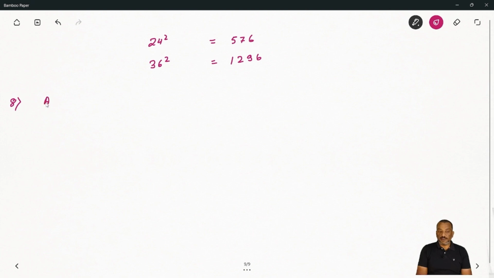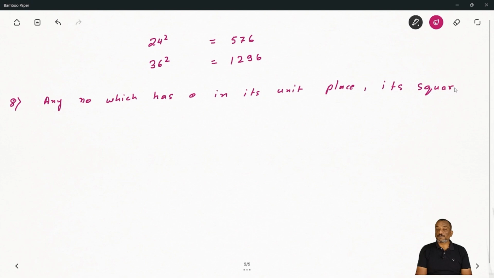It is saying any number which has 0 in its unit place, its square number will have an even number of zeros at the end.